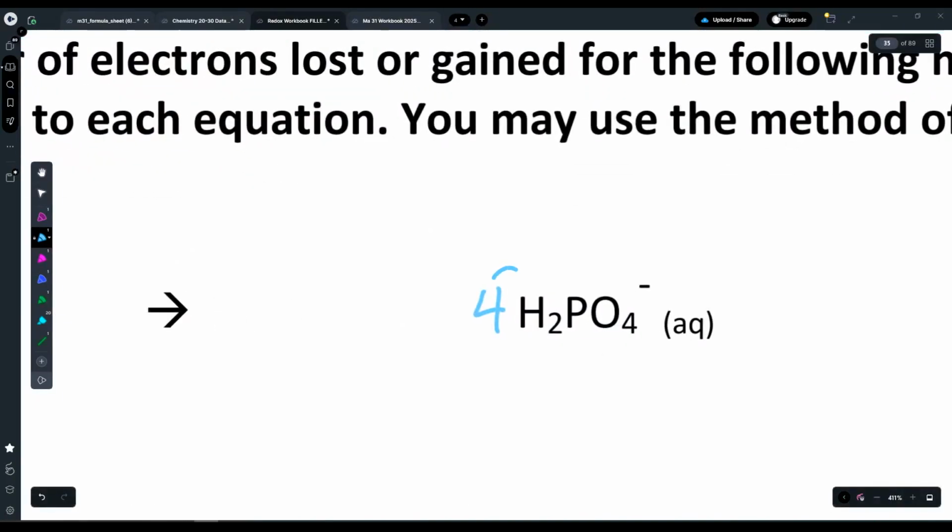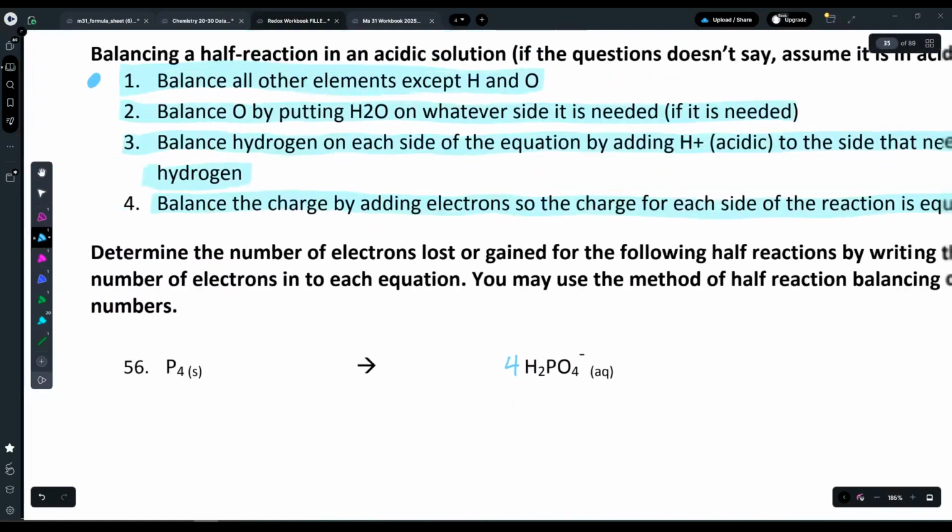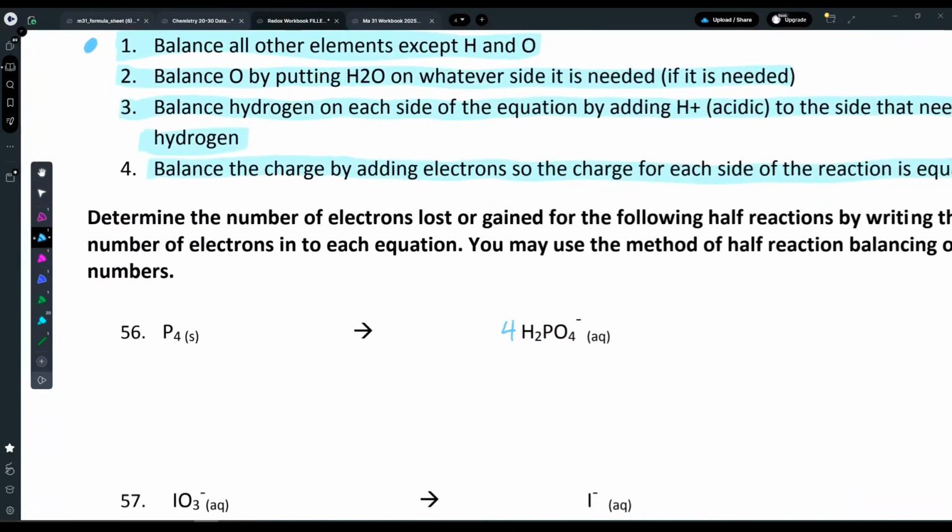So that 4 affects everything that comes after it. So we do have 4 phosphorus on our product side now, but we also have 8 hydrogens and we have 16 oxygens. Okay, so that was step 1. Let's do step number 2. I'll do that in pink here. So we're going to balance oxygens.